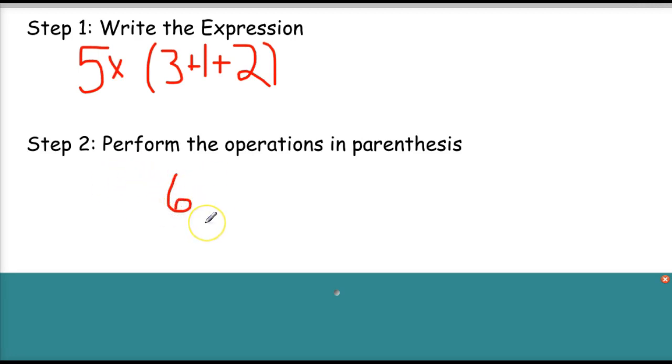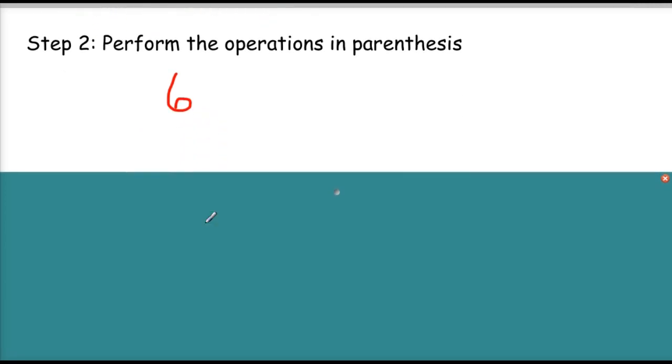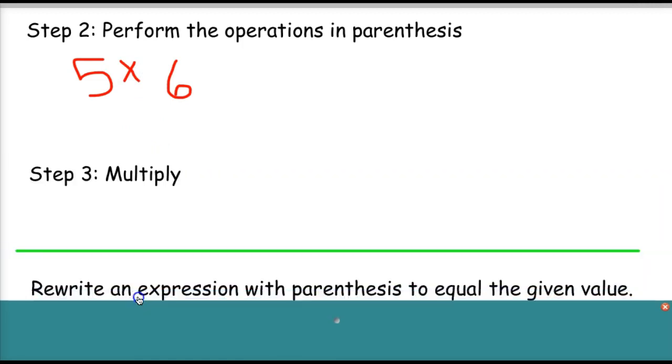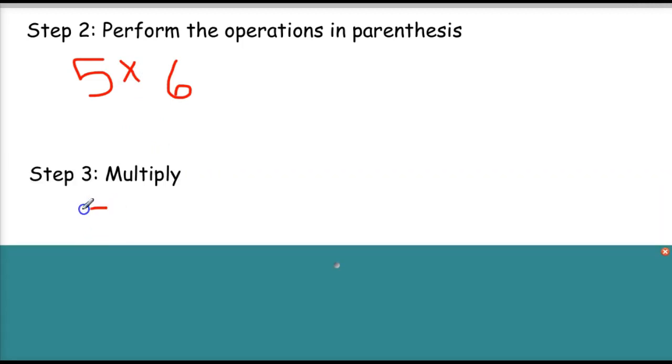So that's what I know my answer is. Now I have to do my last step, which is multiply. So I still have my 5 times 6. So I'm going to be completing my last operation, multiply. 5 times 6 equals 30. And I found my answer.